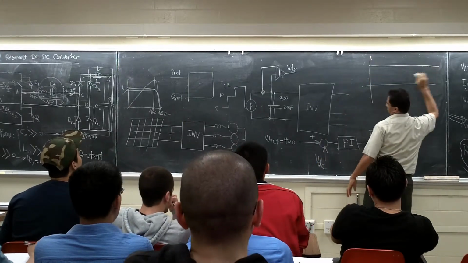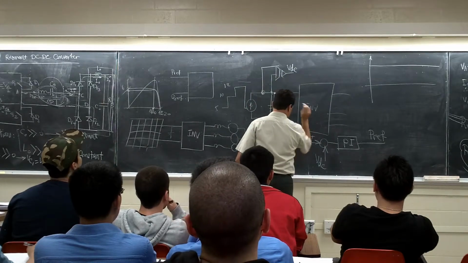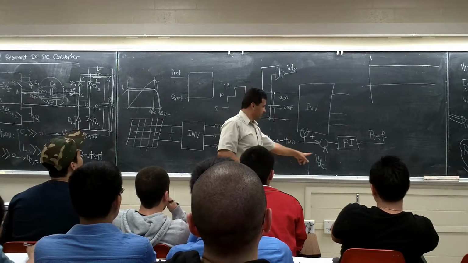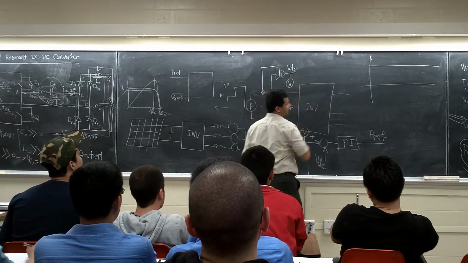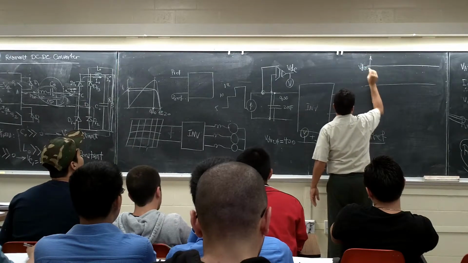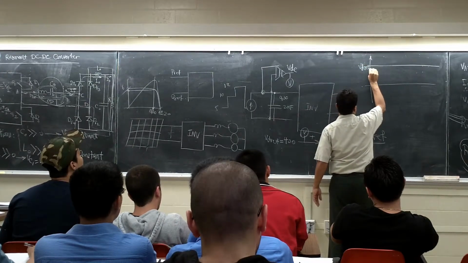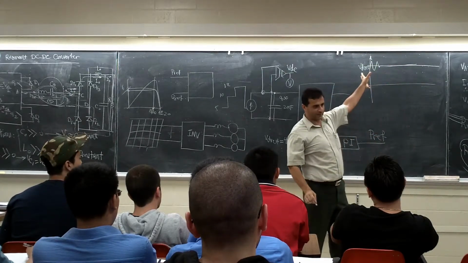You put a voltmeter here. You want to measure the VDC ref, and you want to measure VDC, right? You put another voltmeter here. This is the VDC ref plug. You started from 400 volt, and maybe you have something like this, because there's always a little bit of transient, right?